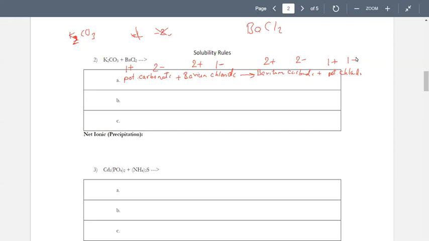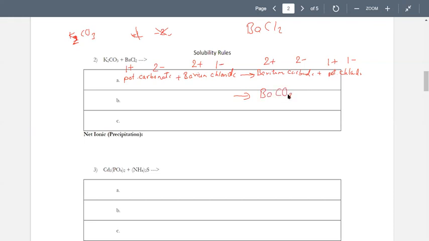Okay? So now you have this portion already done for you. Now you need to figure out this portion. If you have everything here, the charges, it's easy to write a chemical formula by looking at these charges. How do I write barium carbonate? Barium and carbonate.